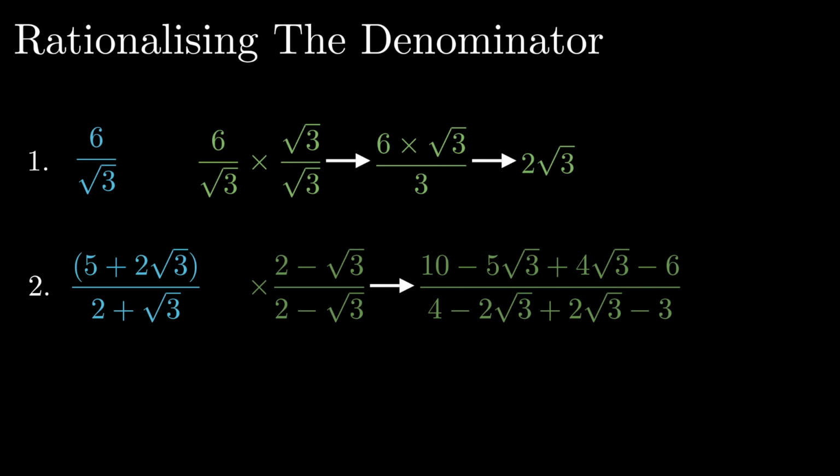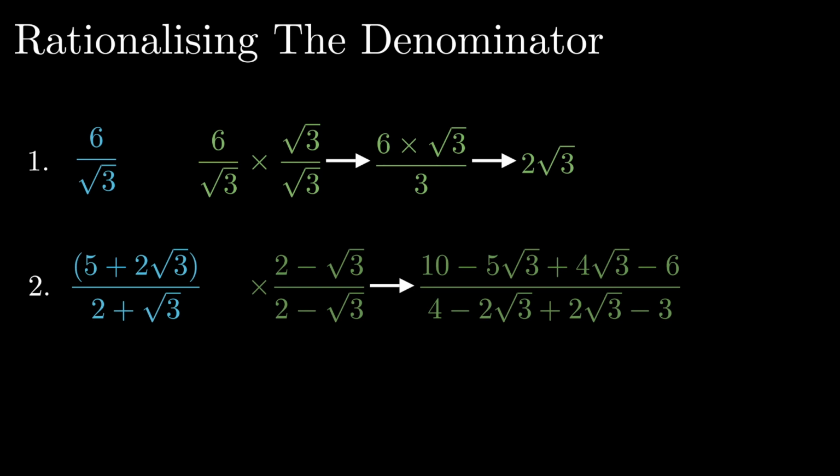And then plus 2 root 3 times by minus root 3 is minus 6. On the bottom we will do 2 times by 2 gives us 4. 2 times minus root 3 gives us minus 2 root 3. Root 3 times by 2 is plus 2 root 3. And finally root 3 times by root 3 is minus 3.